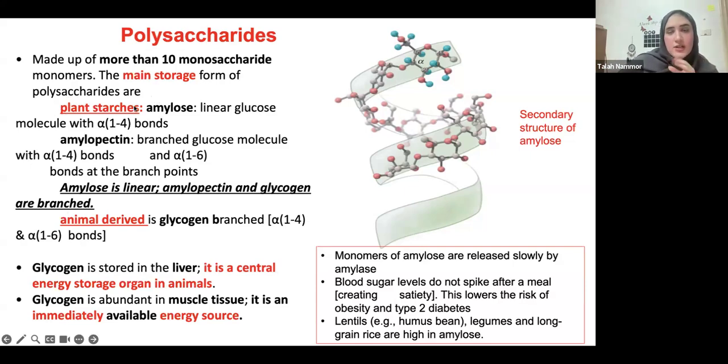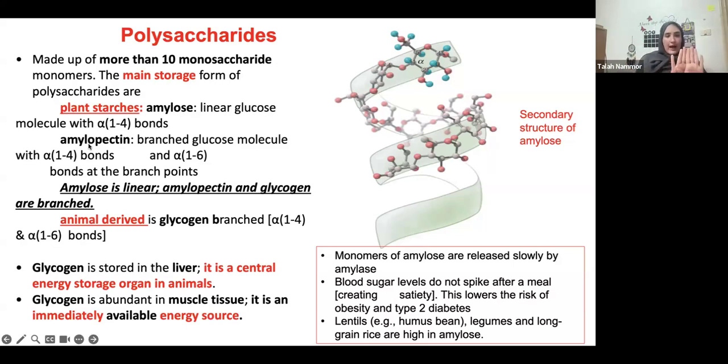Now, plant starches are something that are in the plant. So we have amylose and amylopectin. The difference is that amylose is a linear glucose molecule, and it forms just alpha 1 to 4 bonds because it's linear. Amylopectin, on the other side, is a branched glucose molecule.